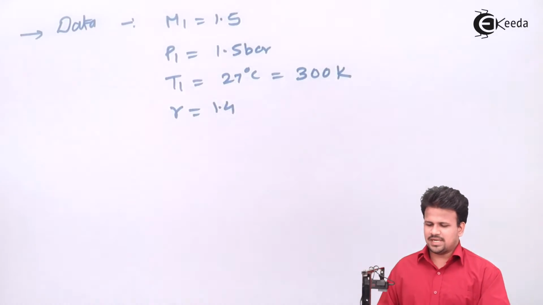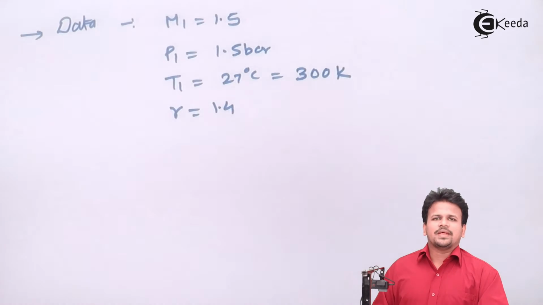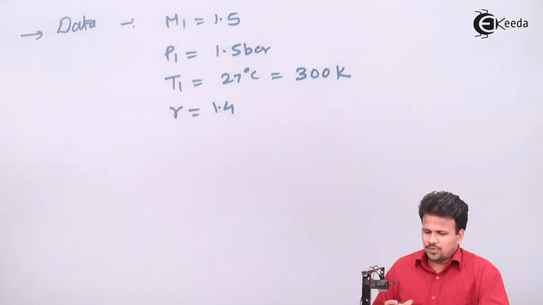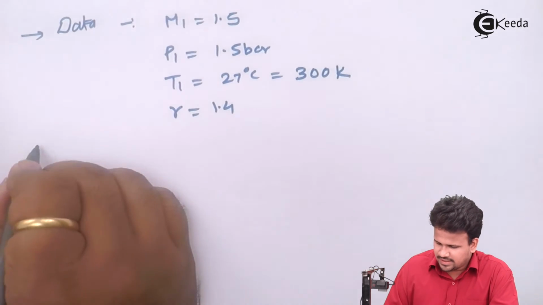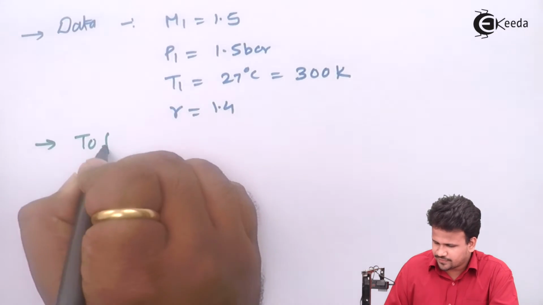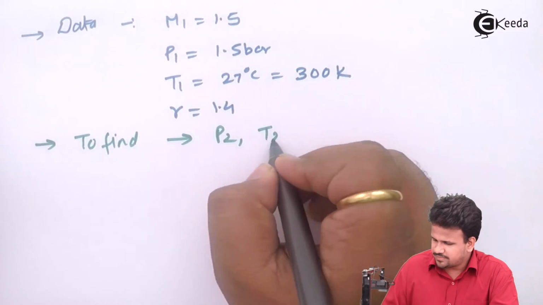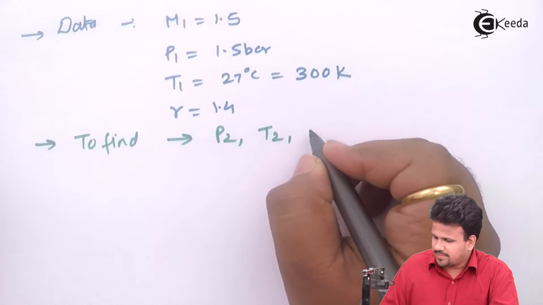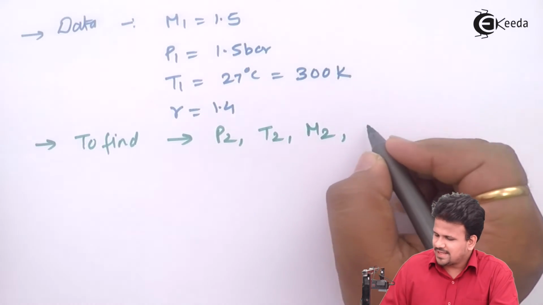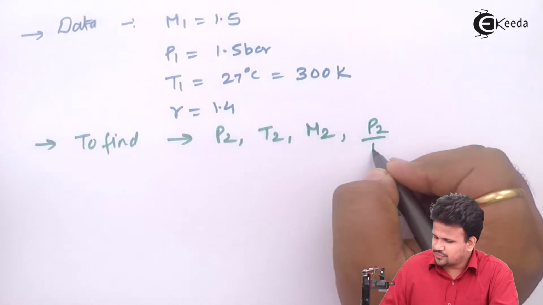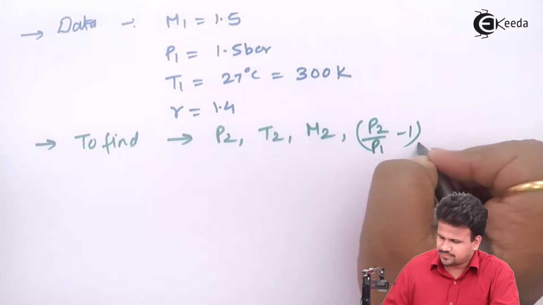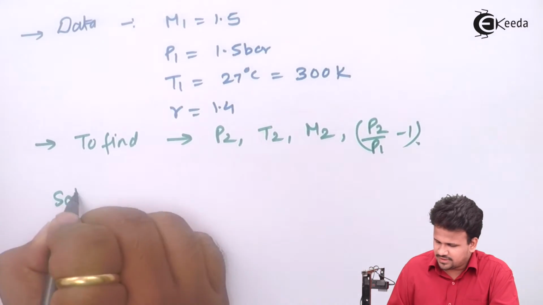So now let us calculate the final pressure at the downstream. They have told us to find the downstream pressure, downstream temperature, Mach number at the downstream, as well as the shock strength P2 upon P1 minus 1. So let us start with the evaluation.